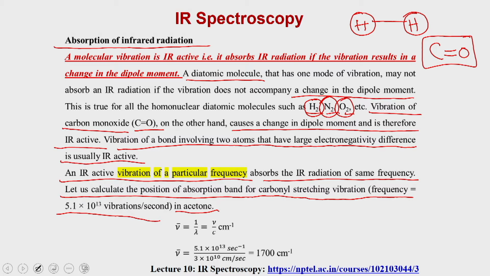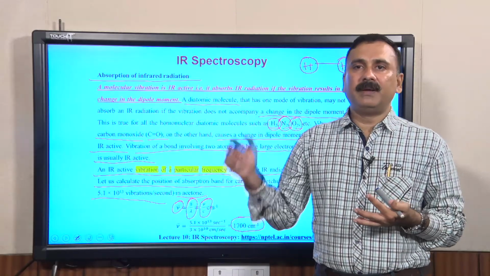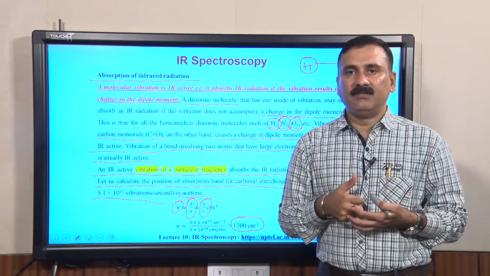If you want to calculate where this molecule is going to absorb in the IR, the formula is very simple: ν̄ = 1/λ = ν/c. What you are going to get is 1700 cm⁻¹, which means in an IR absorption spectrum, the carbonyl bond is going to absorb at 1700 cm⁻¹.